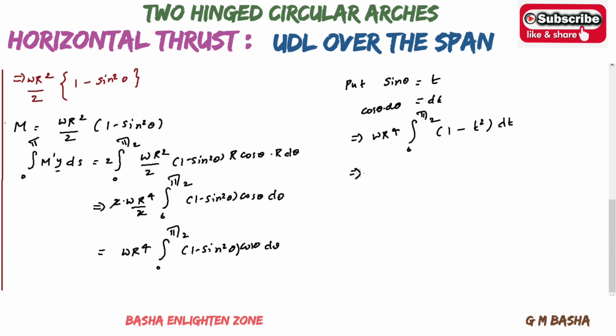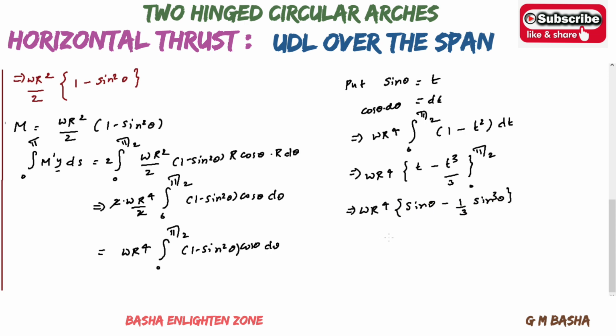So W r power 4, apply integration of 1 dt, that is t, minus integration of t square, that is t cube by 3, from 0 to pi by 2. And again what is t here? That is sin theta, so sin theta minus 1 by 3 sin cube theta.